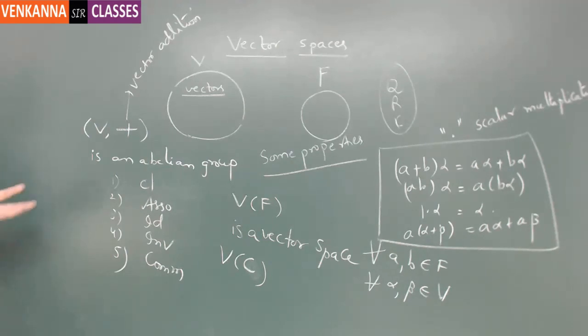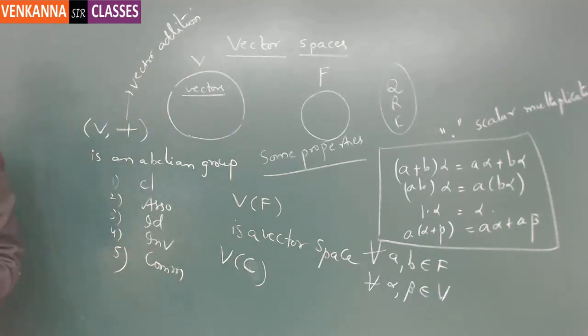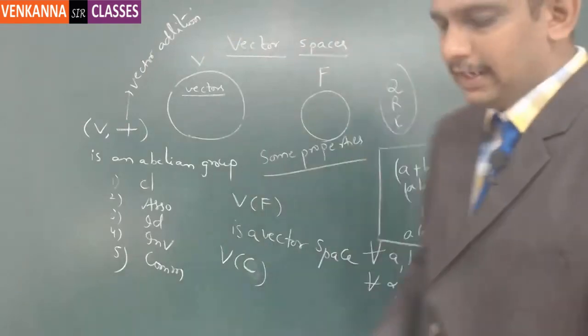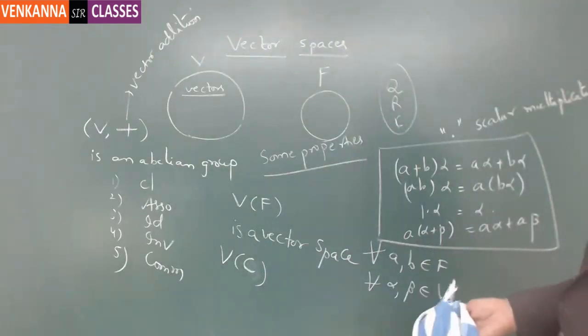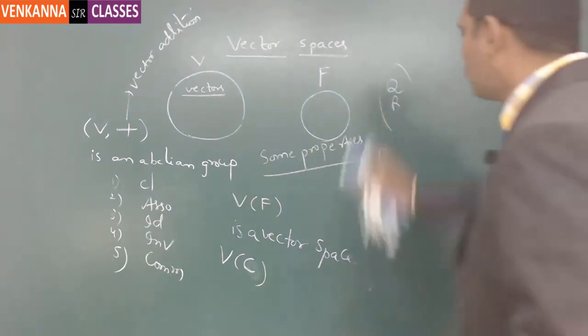Now, as usual, at the +2 level, you have studied that a vector is a physical quantity which has two properties, magnitude and direction. If you apply this to coordinate geometry, it is a ray starting from the origin and passing through a fixed point in space, accepted? That we generally treat as a vector. Yes or no? Right. Now, this theory deals with all the vectors we have learned at the level of coordinate geometry or three-dimensional geometry.